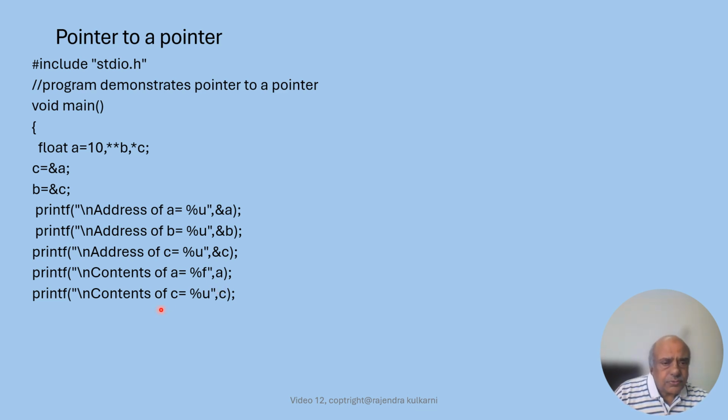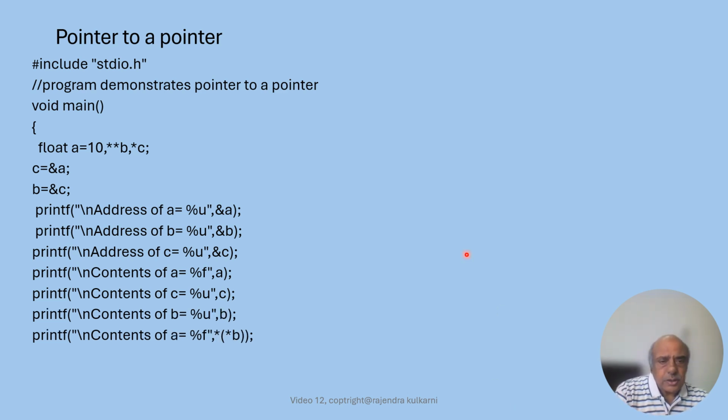Now, contents of c, what c will contain, then what b will contain, and how to access a variable whose address is assigned to a pointer, and that pointer is assigned to another pointer. So if we look at contents of c, it is %u.